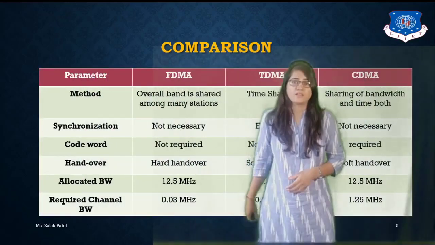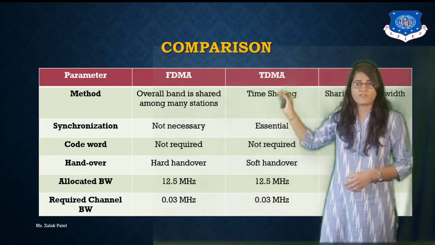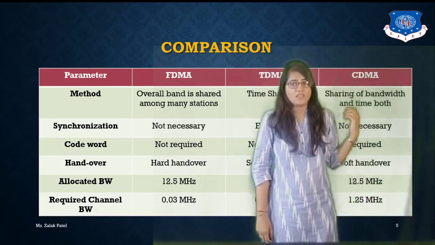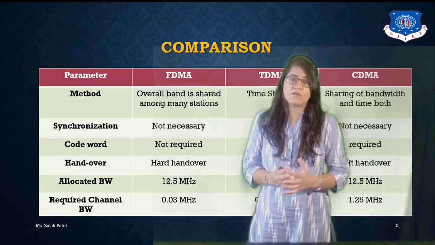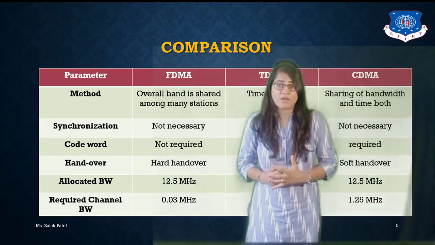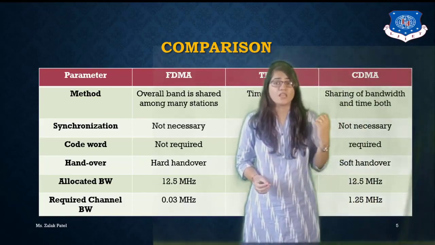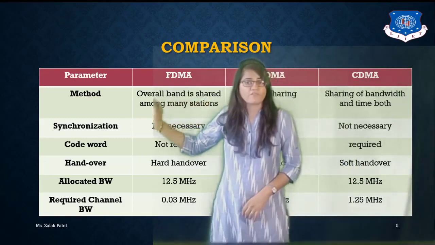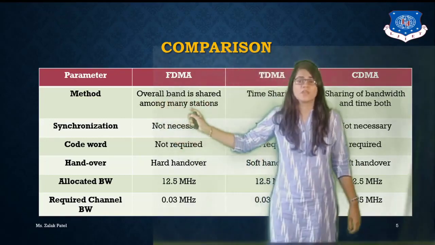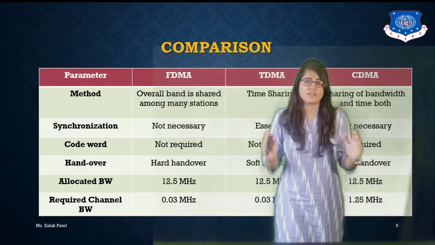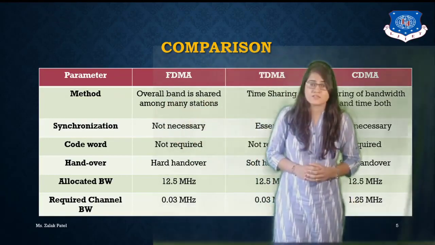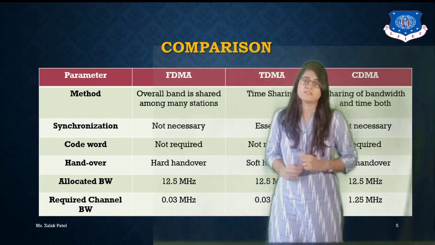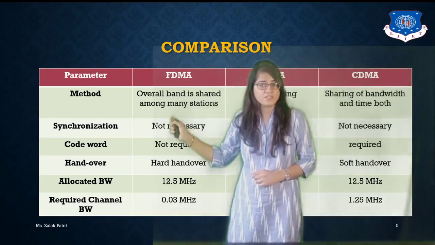Now let's see the comparison between the various techniques FDMA, TDMA and CDMA. So first let's compare with the different parameters. First parameter is about the method that can be used for FDMA. In case of FDMA, you can see that the overall band is shared by many stations, means individual user uses the individual set of frequency band.